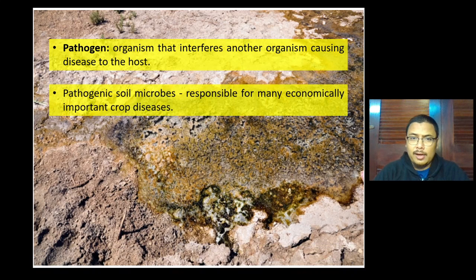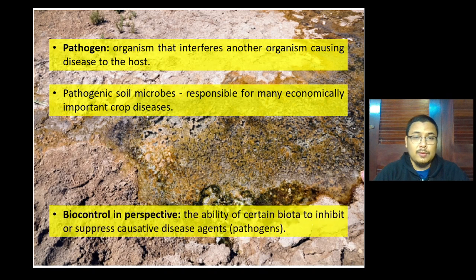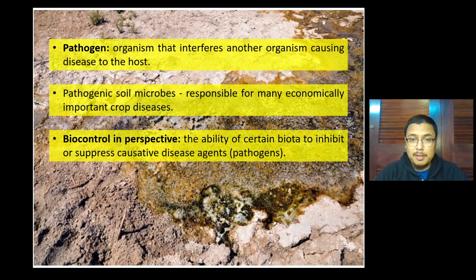Pathogenic soil viruses, bacteria, fungi, protists, and nematodes are responsible for many economically important diseases affecting crops and natural vegetation. So therefore, biocontrol, from the perspective of soil ecology and management, is the ability of certain biota to inhibit or suppress soil-borne parasites and pathogens that infect plant roots and can cause disease.